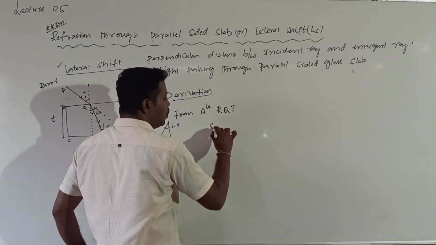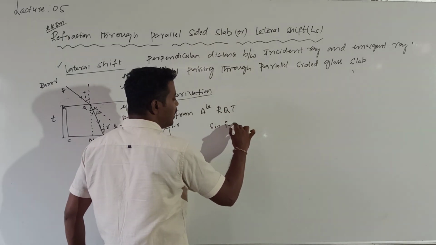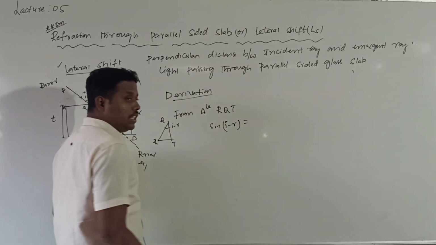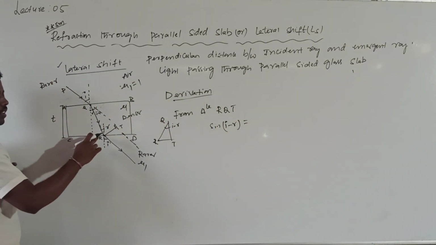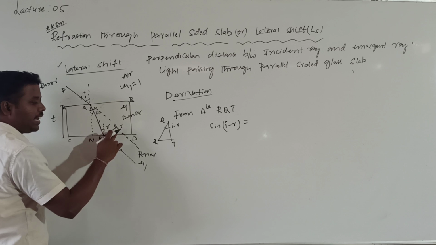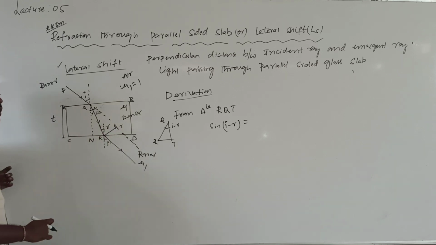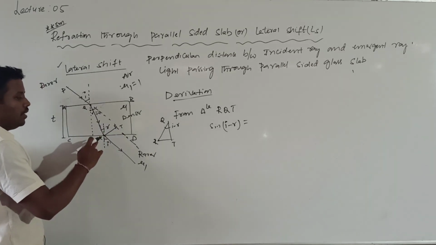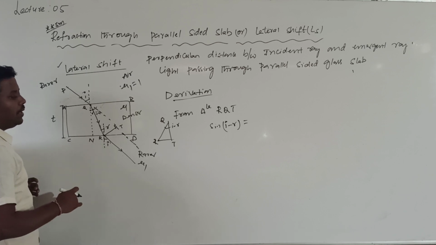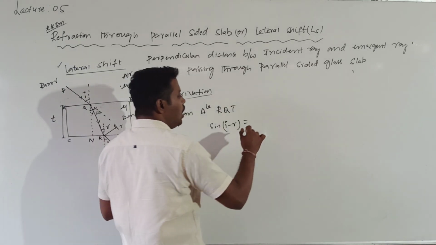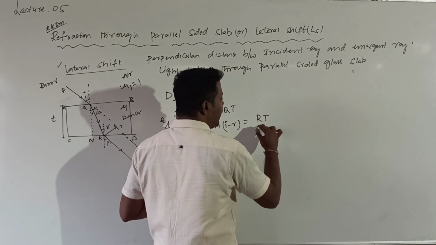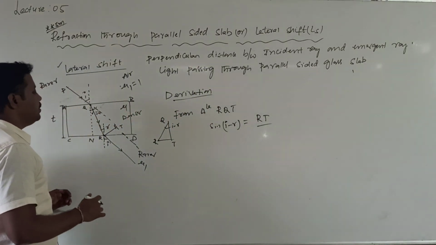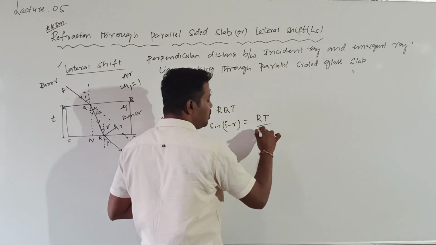Then from this triangle RQT, what is sin(i minus r)? Why should I write sin(i minus r)? Here I want to calculate RT. RT is the opposite side. So sin(i minus r) is the opposite side divided by the hypotenuse. Opposite side value is RT, and the hypotenuse is QR.